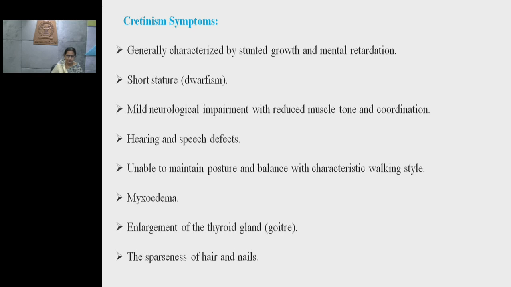It shows dwarfism or short stature, mild neurological impairment with reduced muscle tone and coordination, hearing and speech defects, inability to maintain posture and balance with a characteristic walking style, myxedema, enlargement of the thyroid gland, that is goiter, and sparseness of hair and nails.